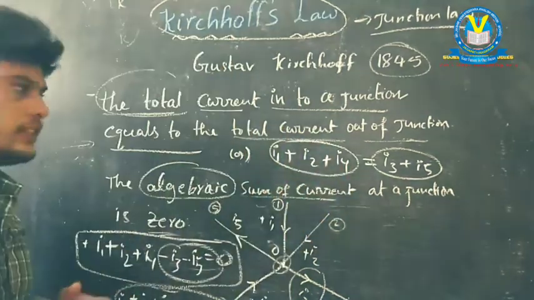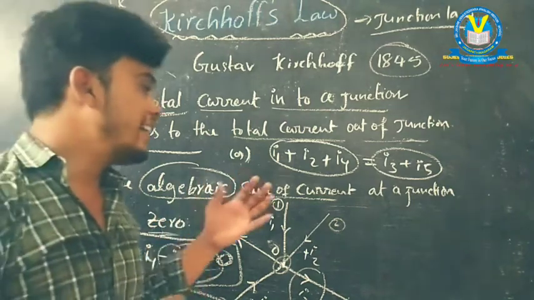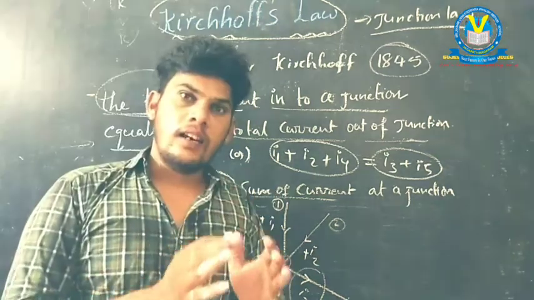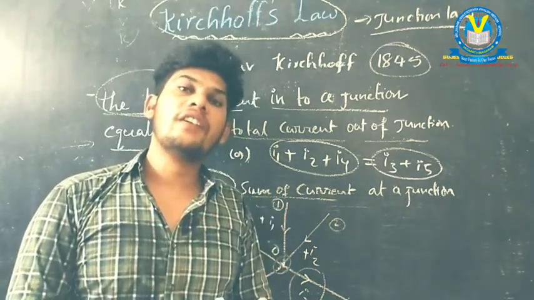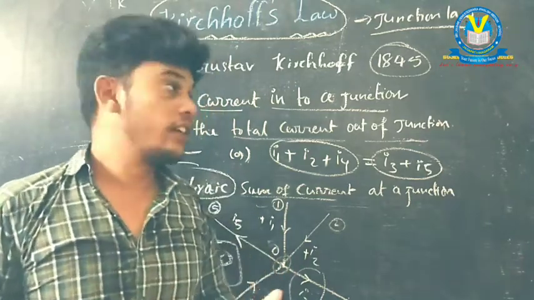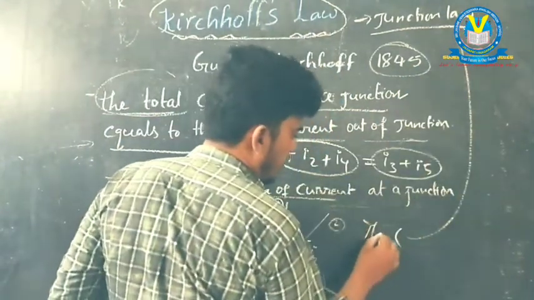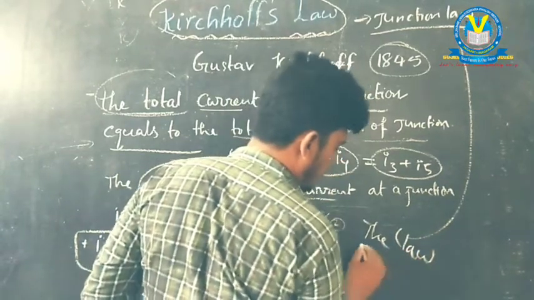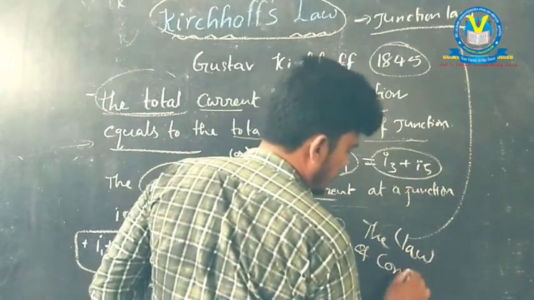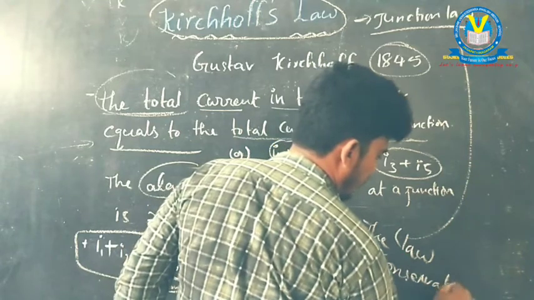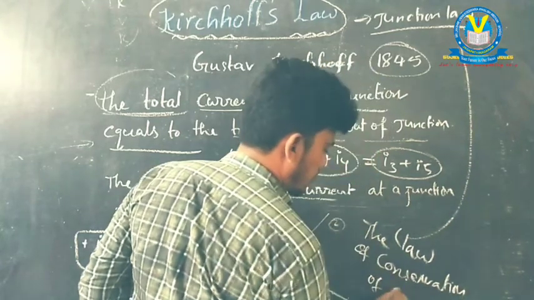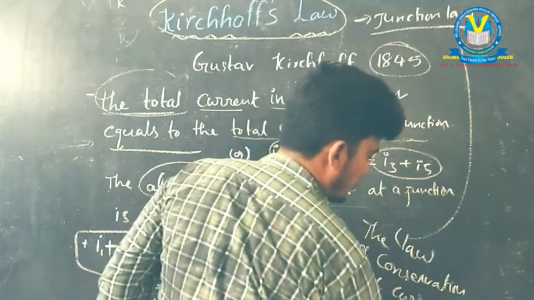Look at here, this is about Kirchhoff's law, and it is also called the law of conservation of current. It is also called a junction law. Why?